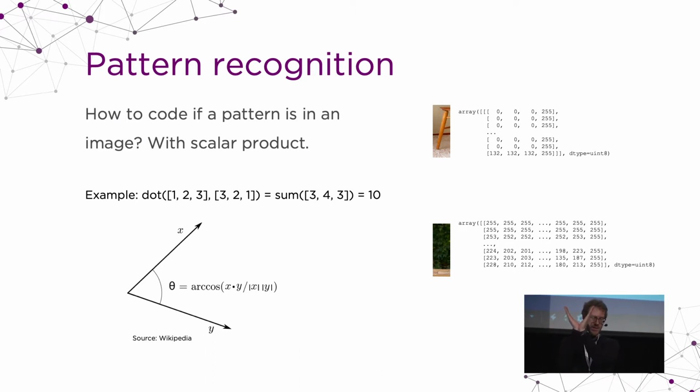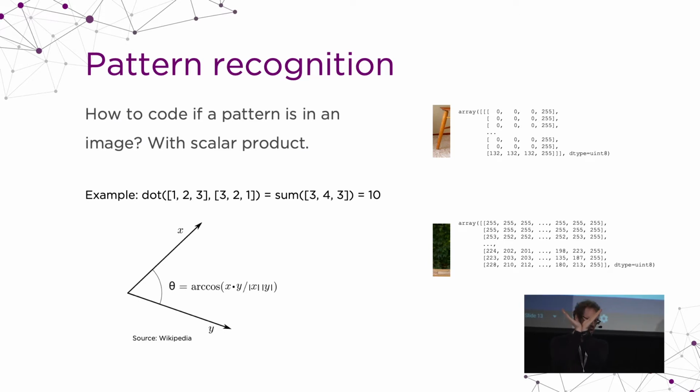If the angle is 0, it means that the two images are perfectly aligned, except for a scaling factor. All the pixels would be the same, but maybe I can scale the intensity of all the pixels with a single scalar. It means that the two images are very close to each other.